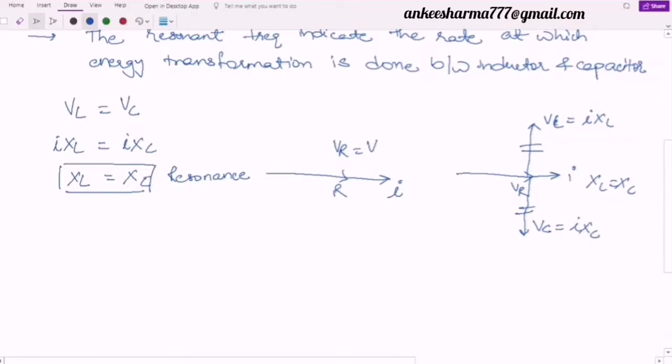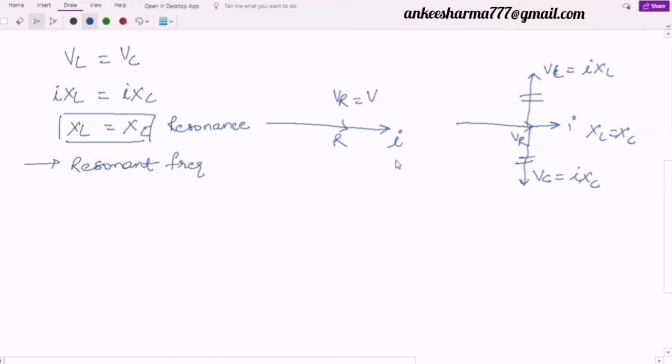Now, what is the resonant frequency? Let's try to find that resonant frequency. The resonant frequency means the frequency at which this XL will be equal to XC. This is what we have to find. So we will simply convert this XL as omega L, and XC we all know is equal to 1 by omega C. By taking omega on one side, omega square will be equal to 1 by LC, and from here, if I denote the resonant frequency as omega naught, it is equal to 1 by root of LC.